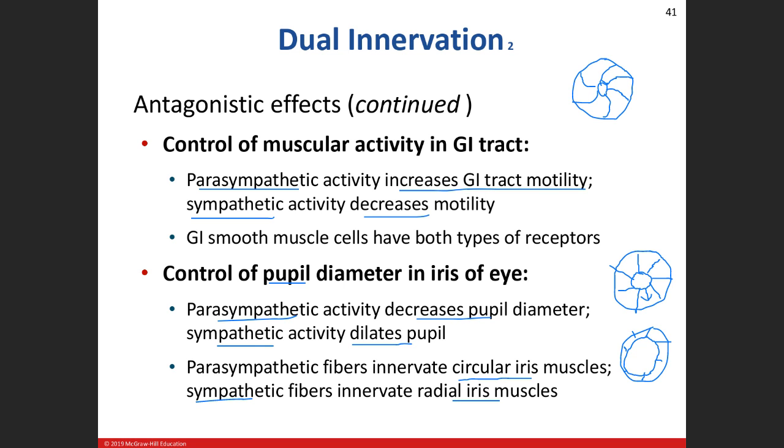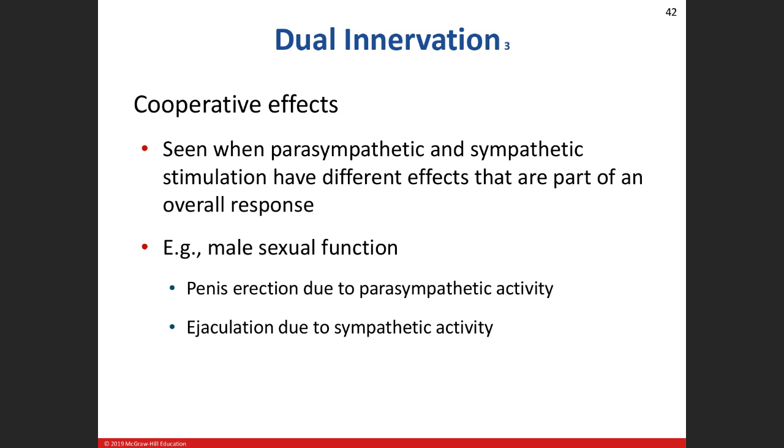Okay, so that's dual innervation with the antagonistic effects. Cooperative effects: both divisions will have different effects on whatever they engage in, but it's all in the same overall response. A perfect example is male sexual function.